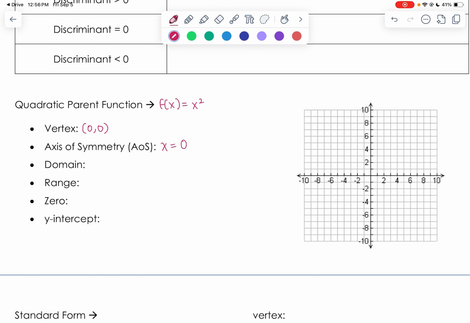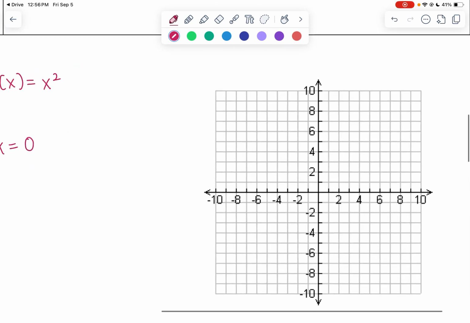Okay, domain, your inputs. Well, you could plug in anything you want to. So I would go from negative infinity to positive infinity. But when you do plug in those values, so if I come over here, my vertex would be at (0, 0). If I plug in 1, 1 squared is 1. If I plug in 2, 2 squared is 4. If I plug in 3, 3 squared is 9.